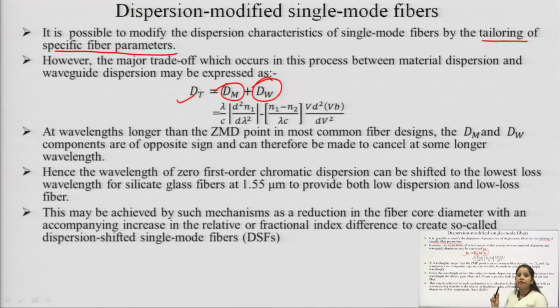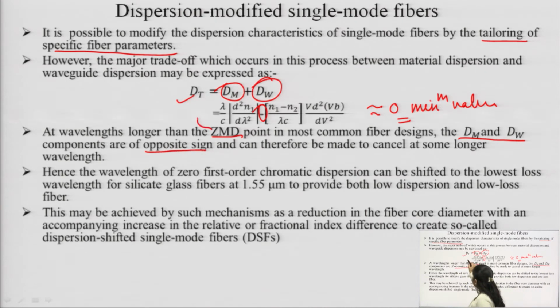So, when we add these, we get this expression, and since these two components work in the opposite direction, this is the major reason that we are able to modify, because we can reduce it to 0 or to the minimum value, since there exists a minus sign between Dm and Dw, the material dispersion parameter and the waveguide dispersion parameter. So, at wavelengths longer than ZMD, the zero material dispersion point, in the most common fiber design, the Dm and Dw components are of opposite sign, and therefore can be made to cancel at some longer wavelength.